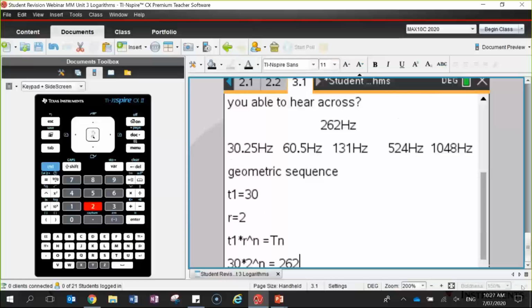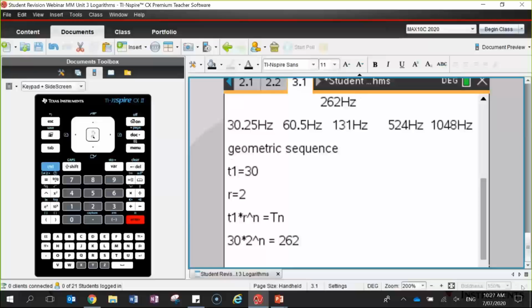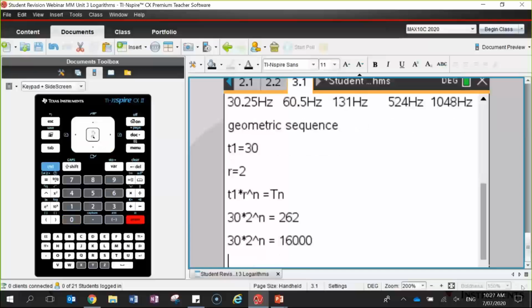So the other thing is I need to know how many octaves I've gone up to get to 16,000. So what I'm actually going to use is 30 multiplied by 2 to the power of n, and I want to know how many octaves I can hear across, which is going to give me 16,000. Now, obviously, I'm going to need to rearrange that.